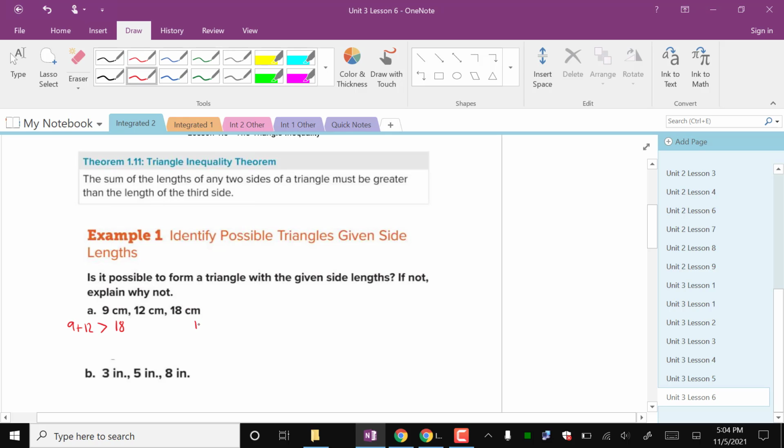If I have 12 plus 18, that's also going to give me one that's greater. And then if I have 9 plus 18, that's also going to give me one that's greater than 12. So because the sum of each pair of the side lengths is greater than the third side length, 9, 12, and 18 will form a triangle.